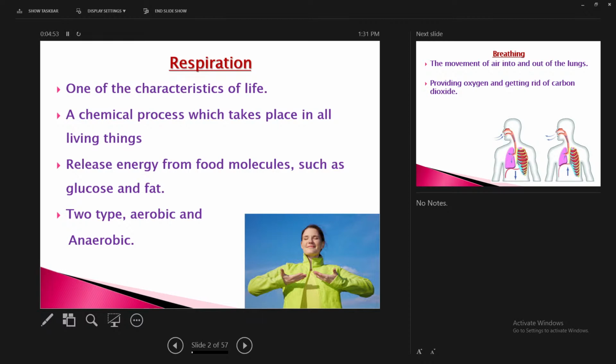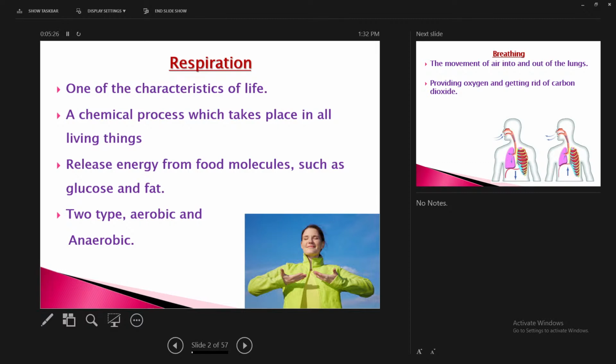Now, the next concept that we need to know for respiration is that there are 2 types of respiration. One is known as aerobic respiration, and the other is known as anaerobic. We're going to look at those individually in more detail. But for now, the human body releases energy via aerobic respiration and also via anaerobic respiration.